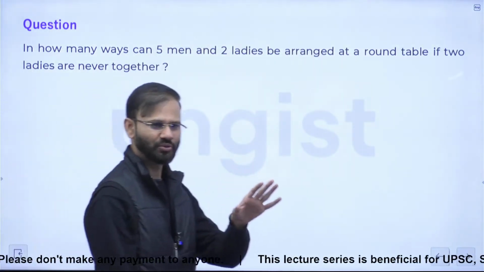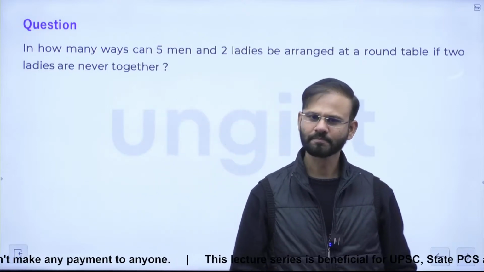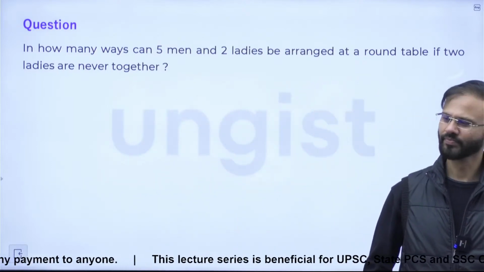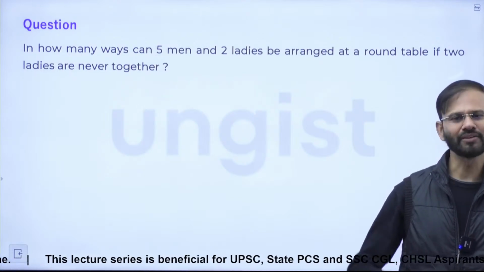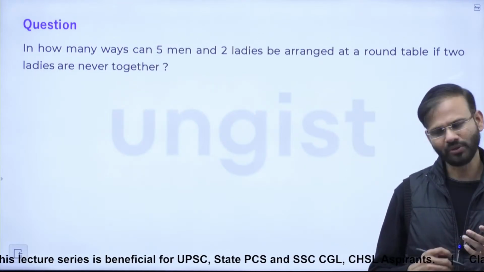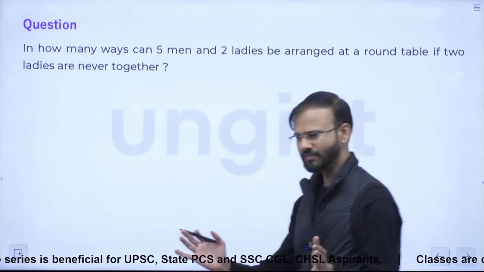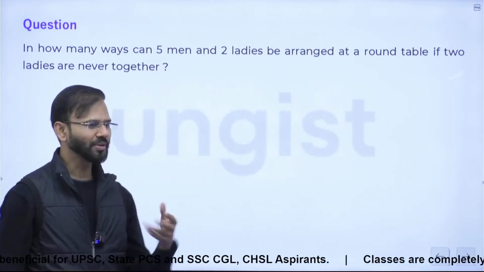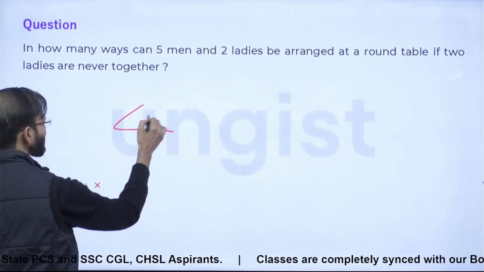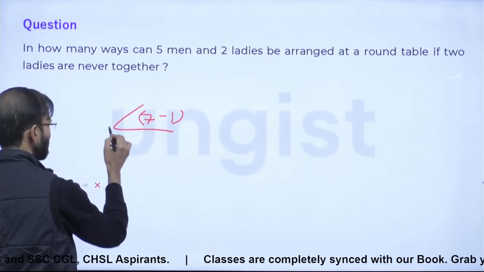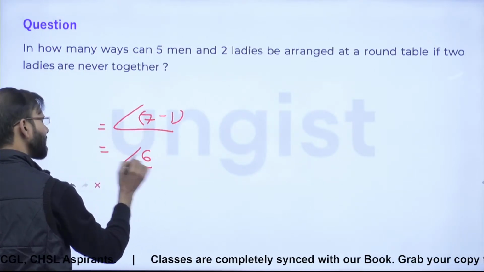I mean calculation I am asking. Tell me the final logic. Think about it. Total will be what? Total will be 6 factorial because there are 7 members, right? Circular permutation. So total is 6 members. I mean total will be factorial 7 minus 1. These are the total cases, which is factorial 6, right?